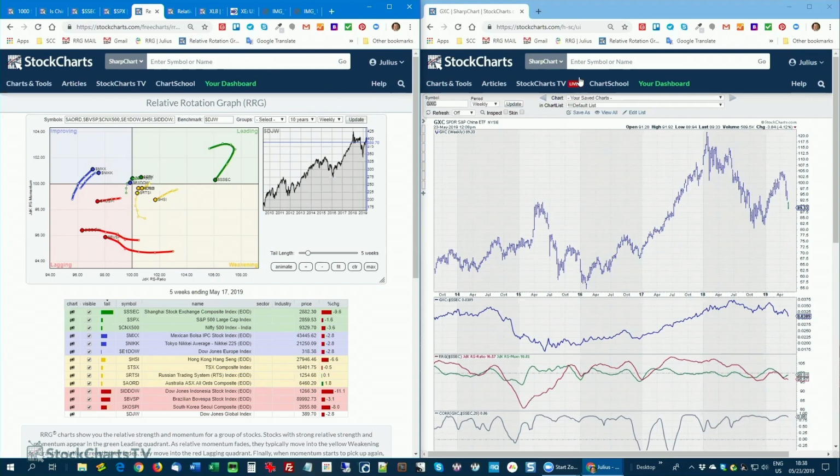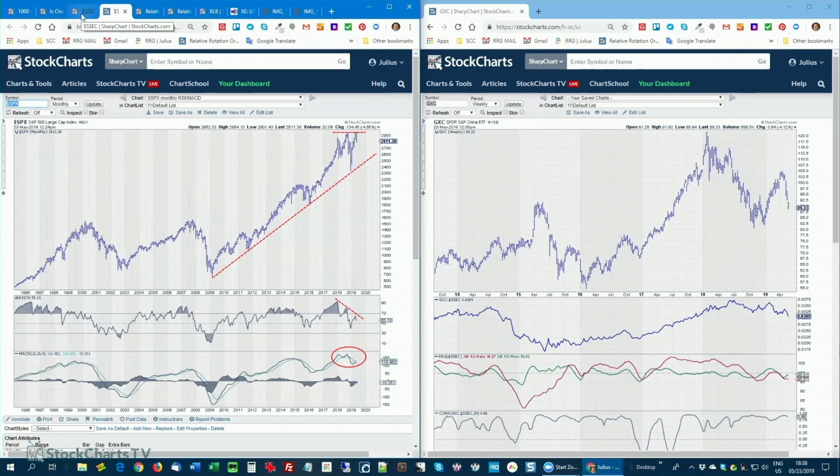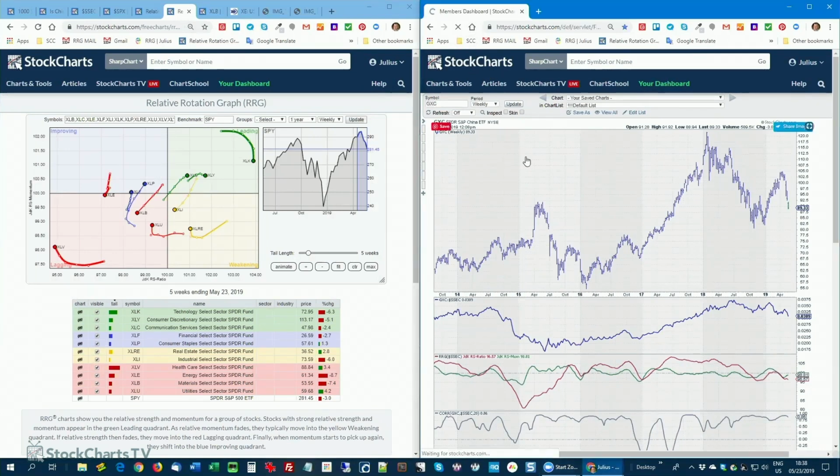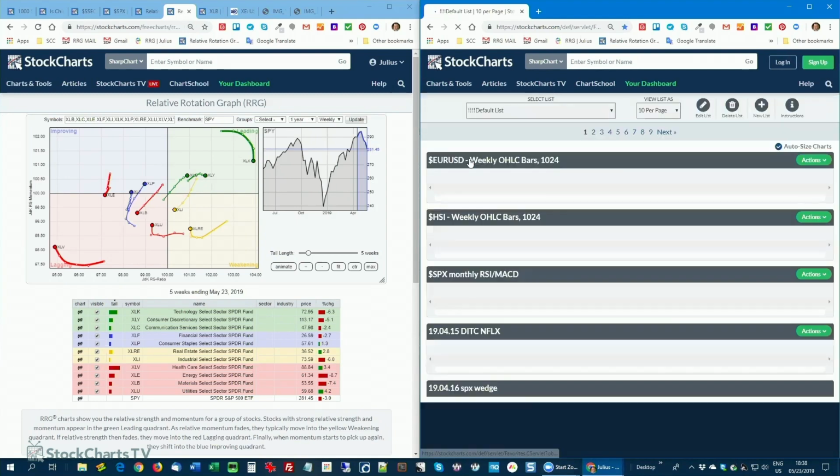Let me get you the view of US sectors. Where did I stick that? So here is my RRG for US sectors. And I need to bring up my dashboard and my chart list.